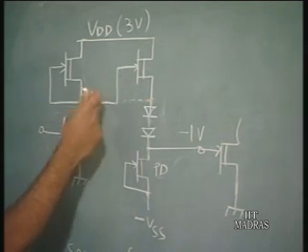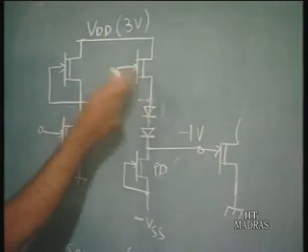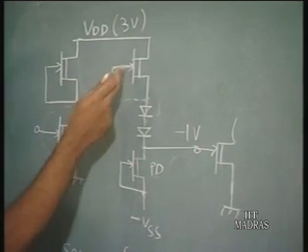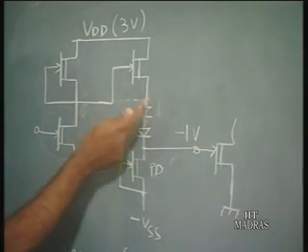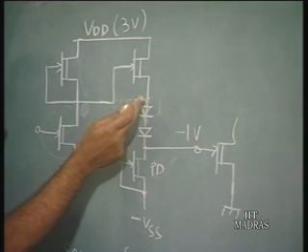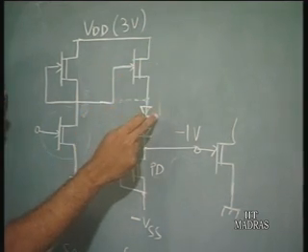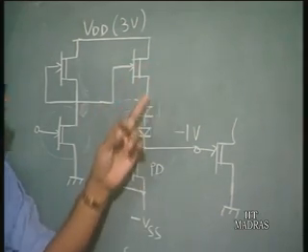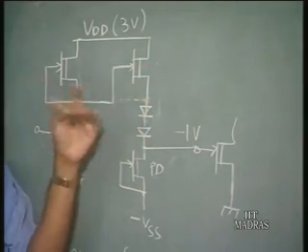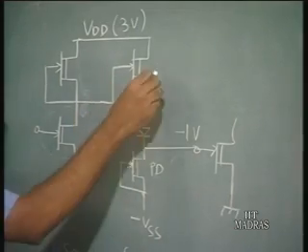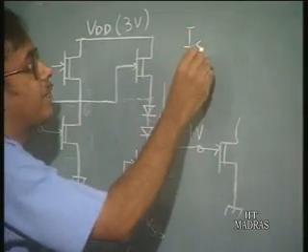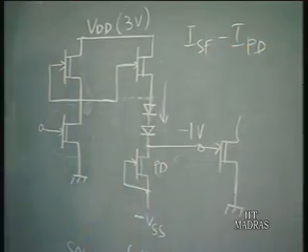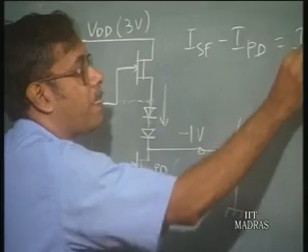Now, this gate voltage can rise, it is not constrained as in the previous case to 0 volts. So this gate voltage can rise, and you have 0.7 volts across the gate to source in that switching period. So there is a large current flowing here. The source follower current, ISF, is going to be very large because the VGS is going to rise to 0.7 volts, and this ISF minus the I pull down, which is also substantial, is used to charge.